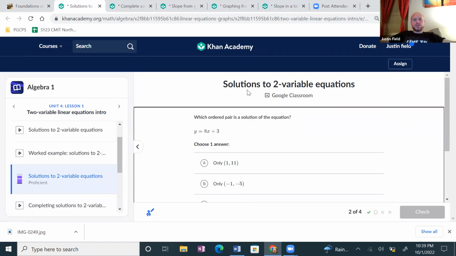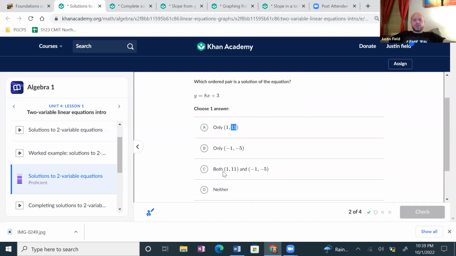So solutions to two variable equations. All right, so now we're looking at linear functions or linear equations with two variables, bivariate, x and y. And so we have our coordinates, right? We know that's x and y. So which one of these coordinate pairs satisfy the equation?